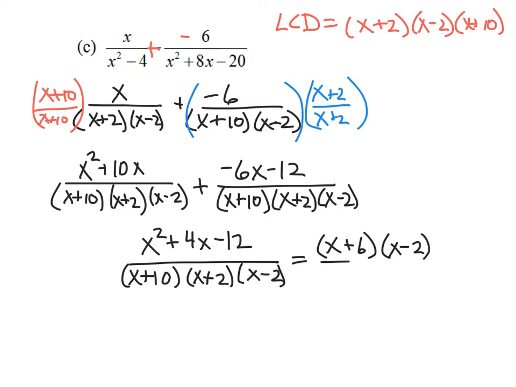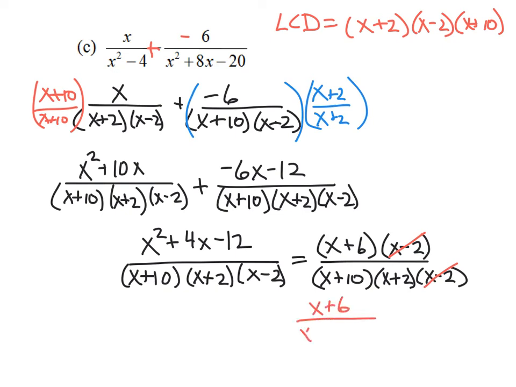We're hoping to be able to cancel like factors so that our answer will be more simplified. So I see that yes, I'm going to have a common factor of x minus 2. So when I cancel those off, my final answer is x plus 6 over x plus 10 times x plus 2.